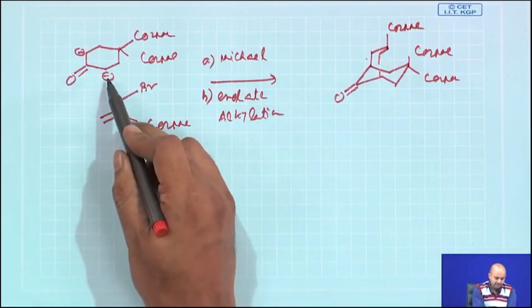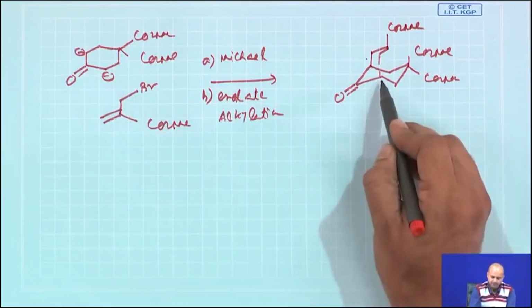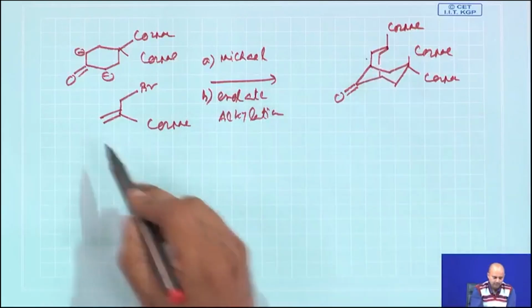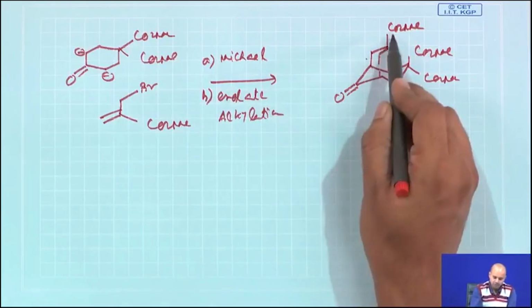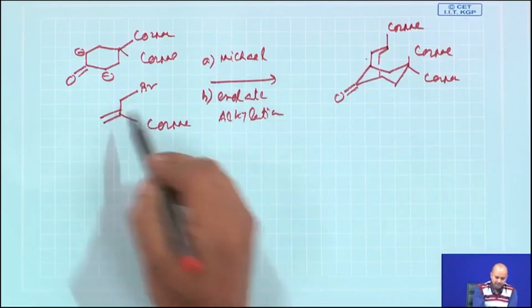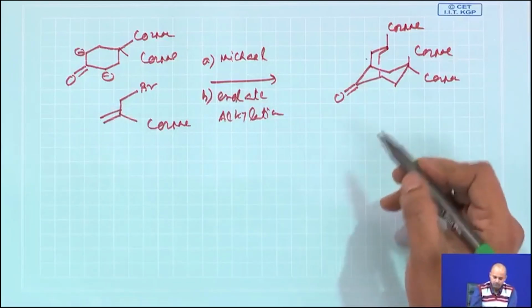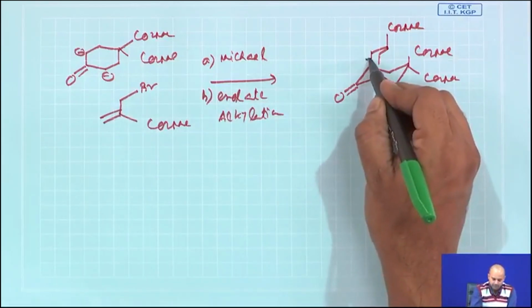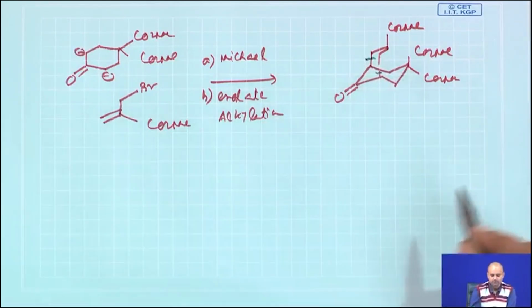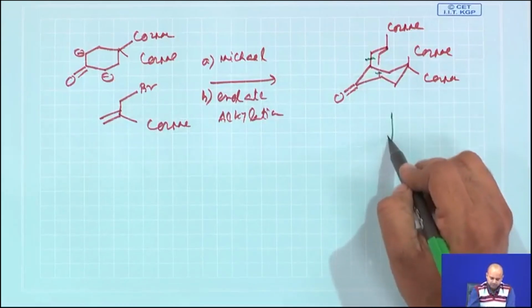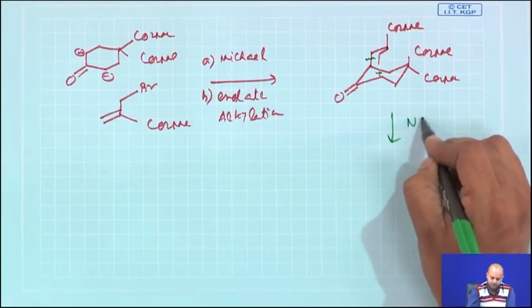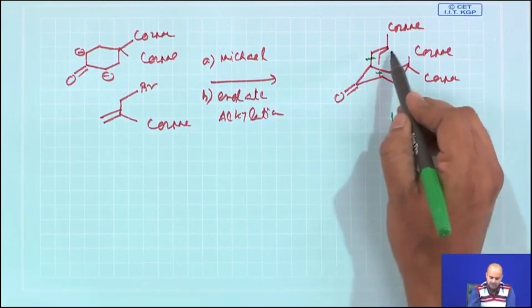So, if this minus attacks here, this minus attacks this CH2, and you get this CO2Me. This CH2 here attacks here. So, what are the bonds you made? You made this bond, and you made this bond. Next, you treat with sodium ethoxide for the Dieckmann reaction.